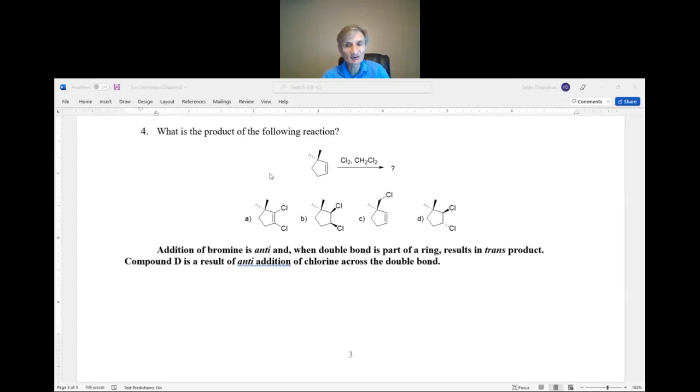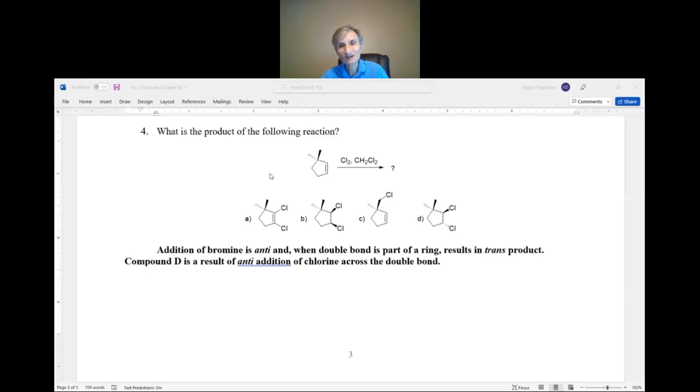Mode of addition could be syn from the same side of double bond, so from the top or the bottom. So both reactants come from the bottom or the top, or anti, one from the top, one from the bottom. In cyclic compounds, cycloalkenes, anti-addition gives trans product, and syn addition gives cis product.